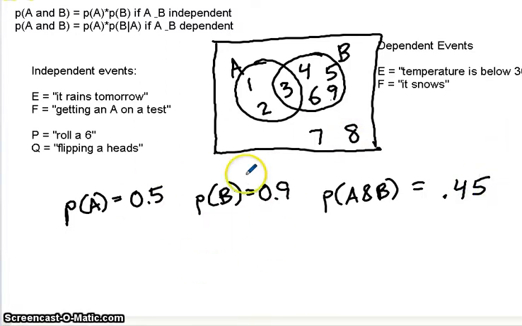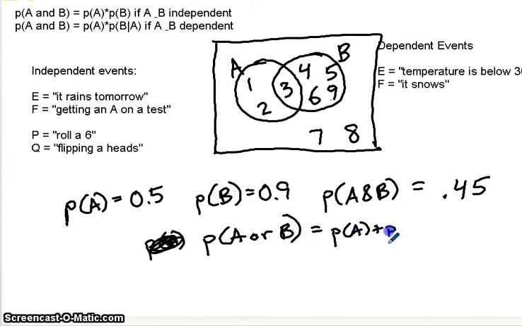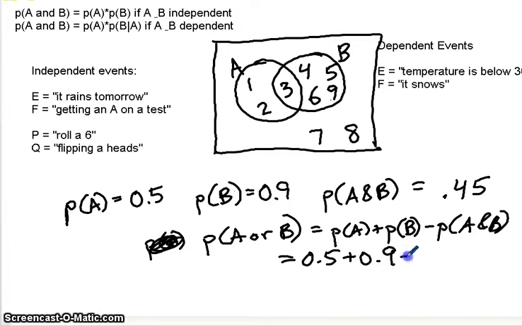Then probability of A or B is probability of A plus probability of B minus probability of A and B. So this is 0.5 plus 0.9 minus 0.45.